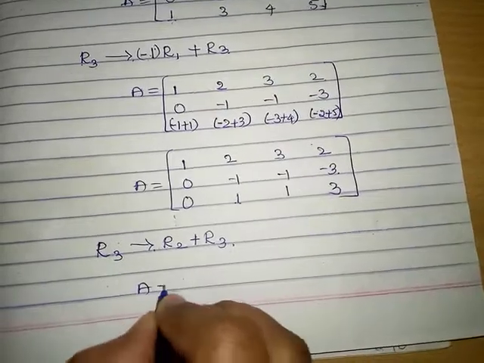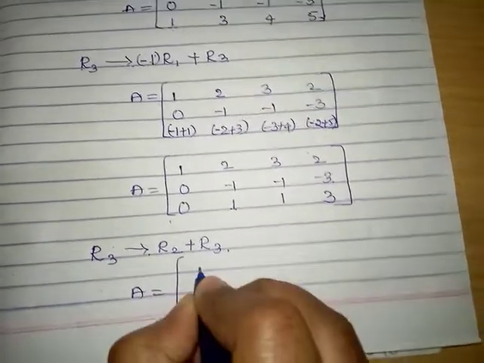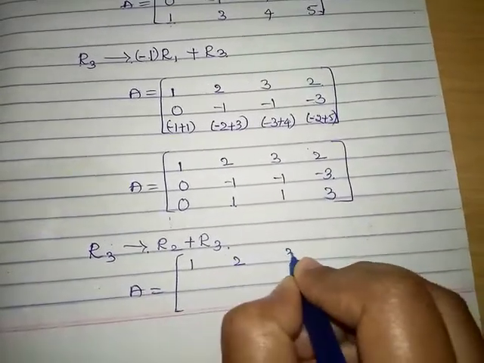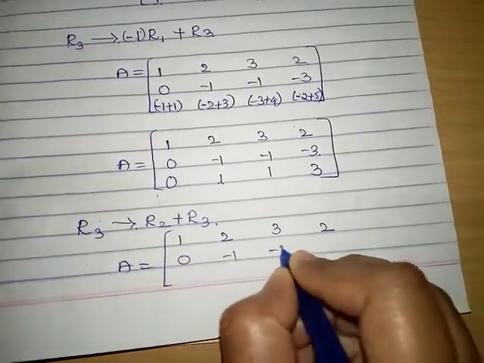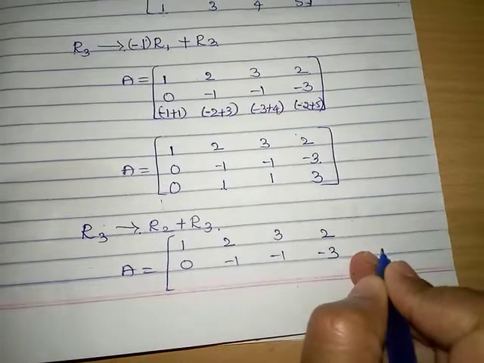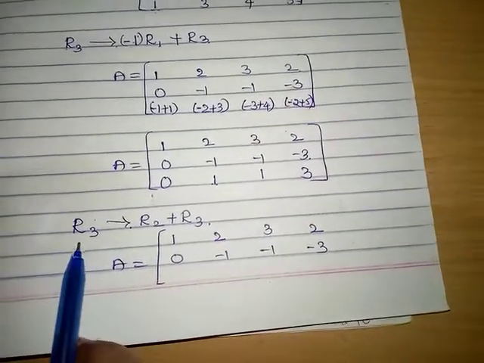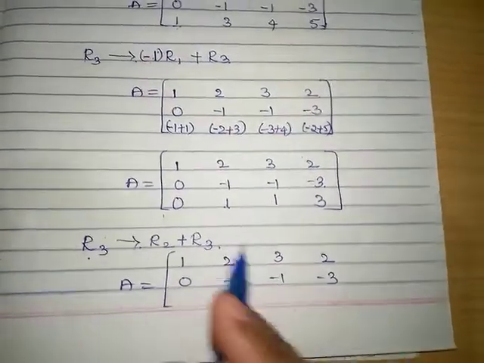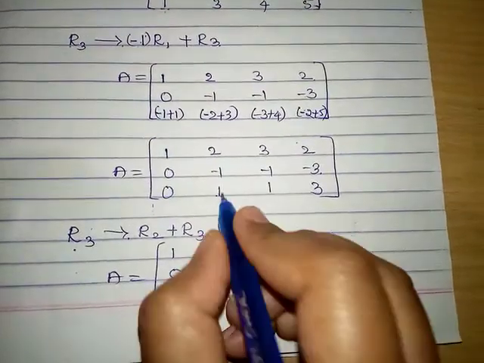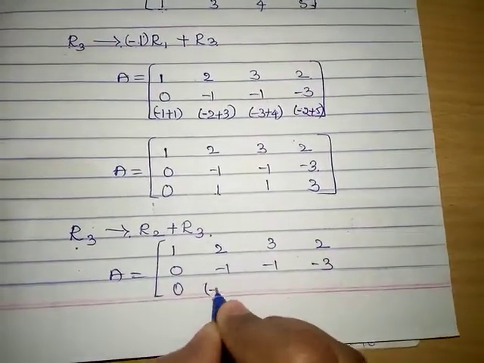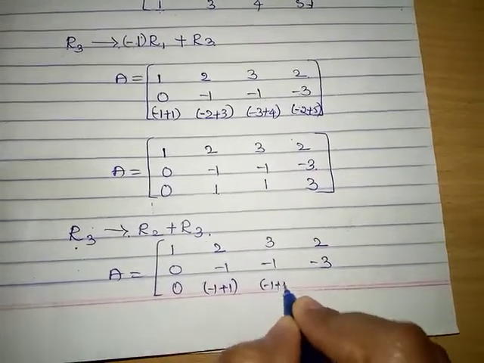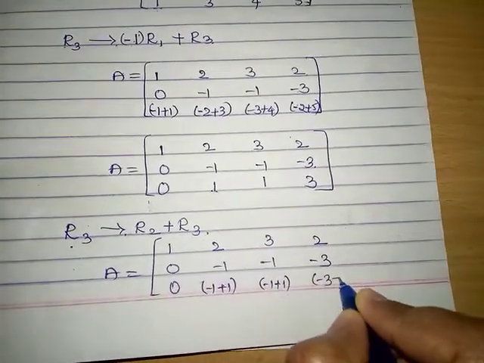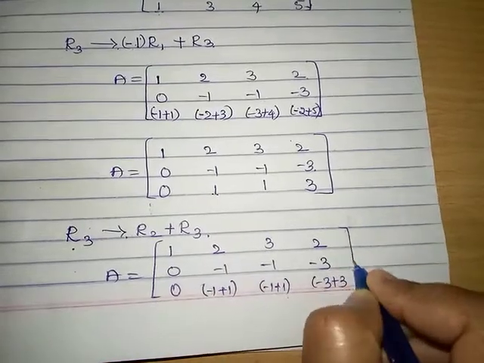Then matrix A is equal to 1, 2, 3, 2, 0, minus 1, minus 1, minus 3. The first row and second row are as they are, because we are applying the transformation to R3. Then it is 0, minus 1 plus 1, minus 1 plus 1, minus 3 plus 3.